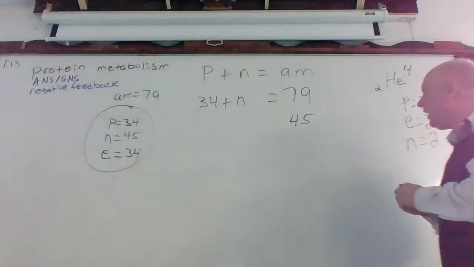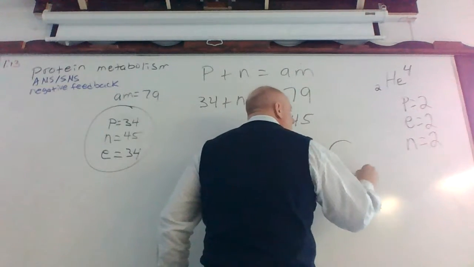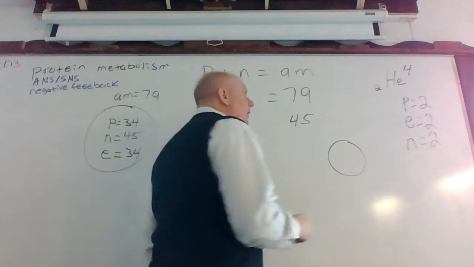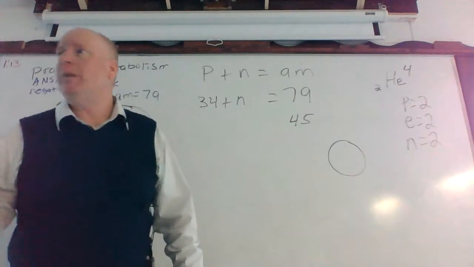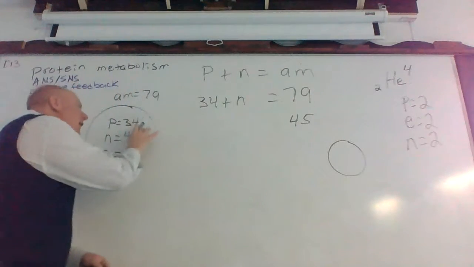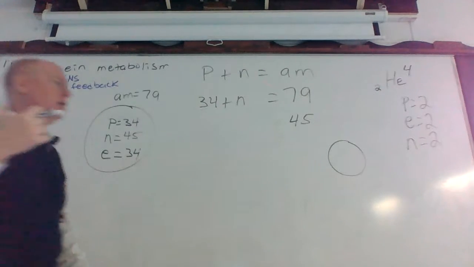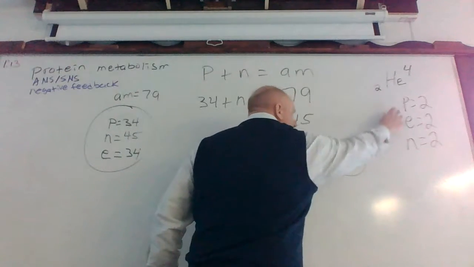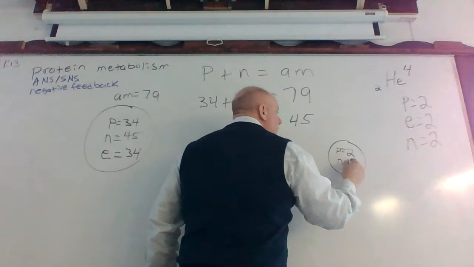So inside helium, for instance, what do we find inside the nucleus of helium? Which two subatomic particles did we just read about? Protons and neutrons, because the electrons are not found on the inside like was originally thought. So just like what we figured here, protons equals 2, neutrons equals 2.